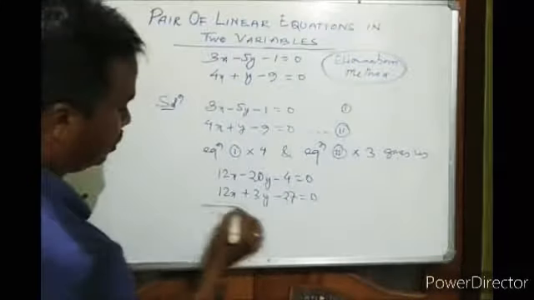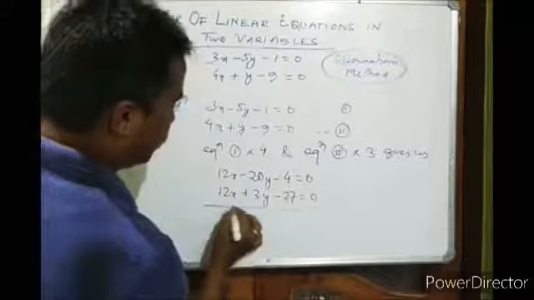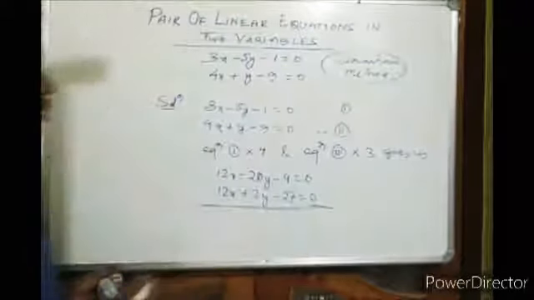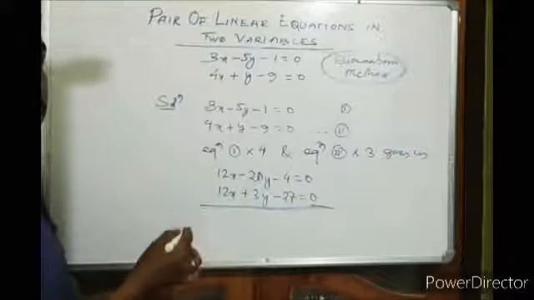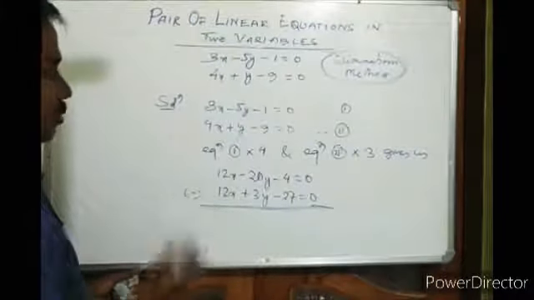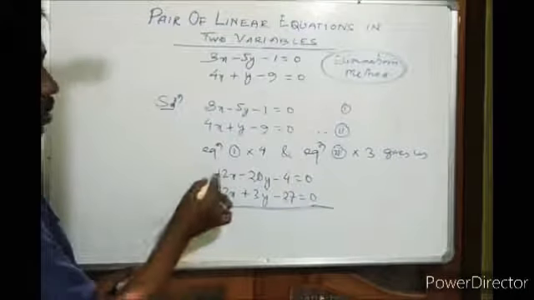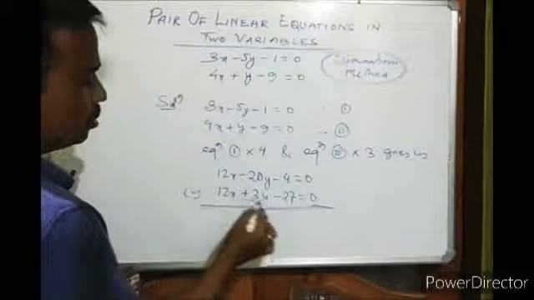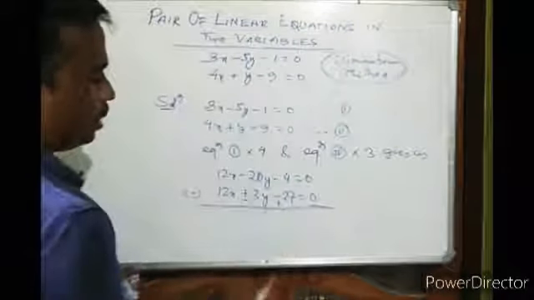Now I have to decide whether, for eliminating the coefficient of x, I need to subtract or add. Here I need to subtract. So this is minus, this will also become minus, this will become plus.